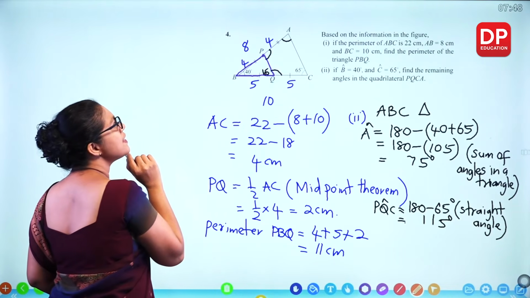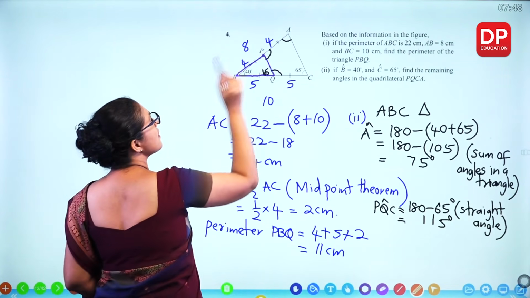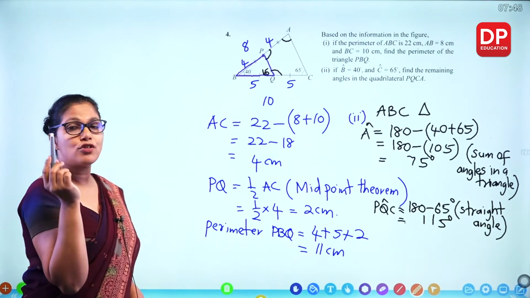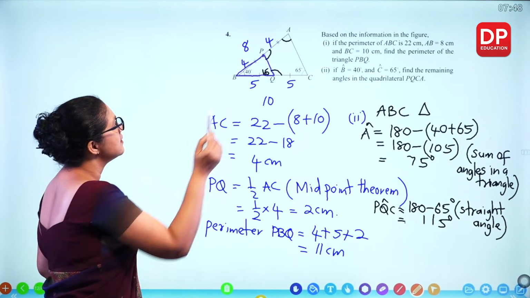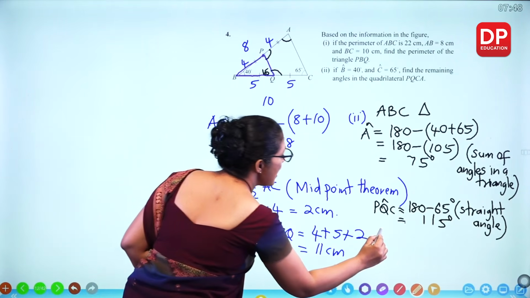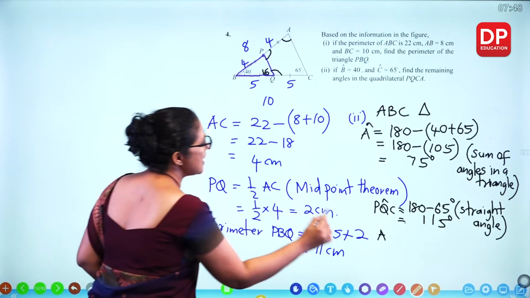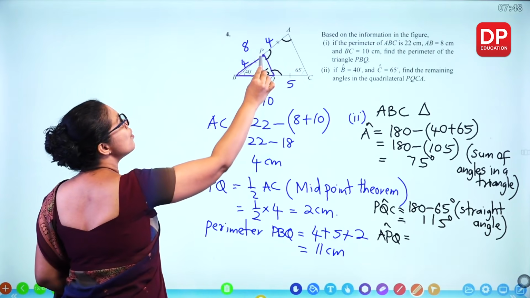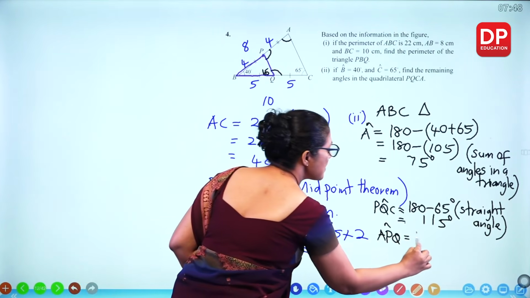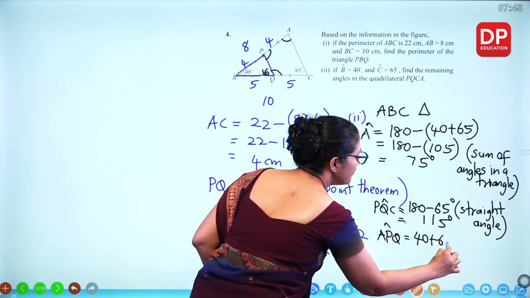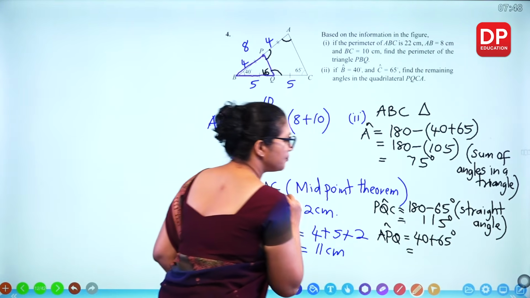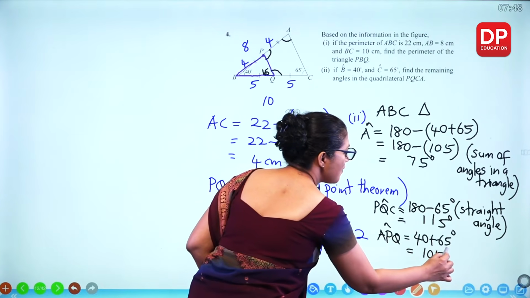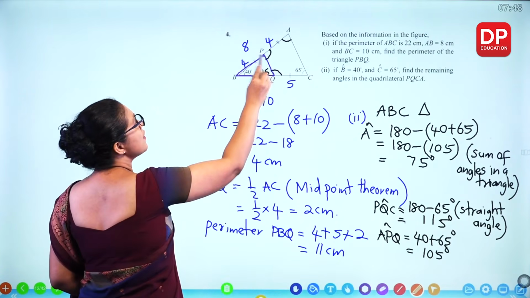How can we find out this angle? This angle is the sum of these two angles. According to exterior angle, we can write APQ angle is equal to 40 plus 65. So you get 5 here and 10. 105 degrees for this angle.